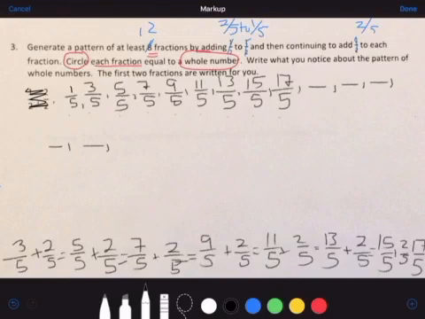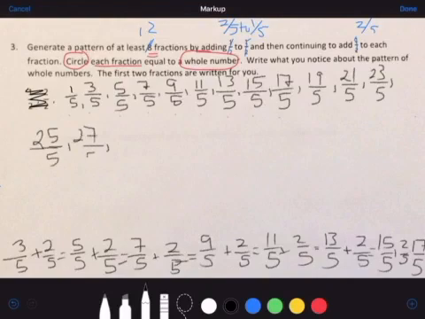So 17/5 plus 2/5 is 19/5. 19, 20, 21. So that would be 21/5. 22, 23 would be 23/5. 25/5. And 27/5. So that's the first part.